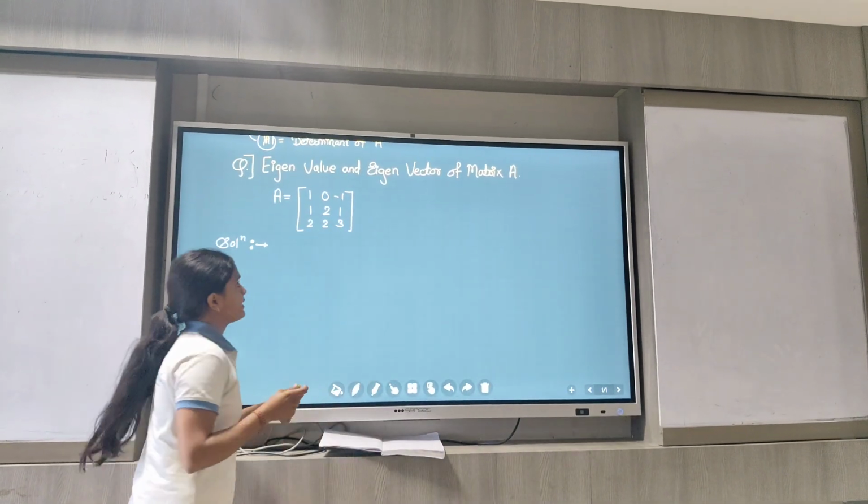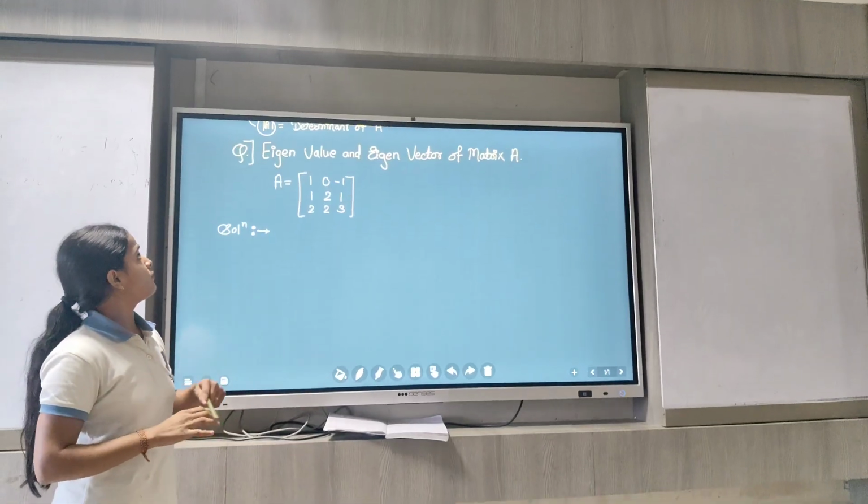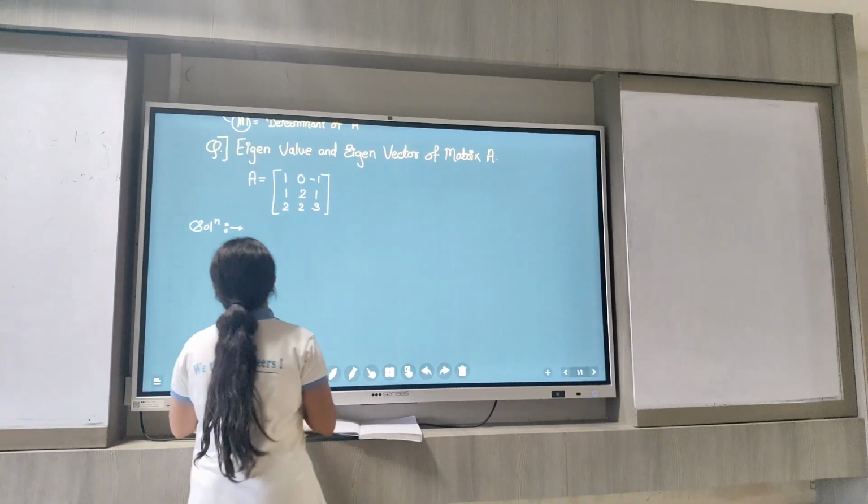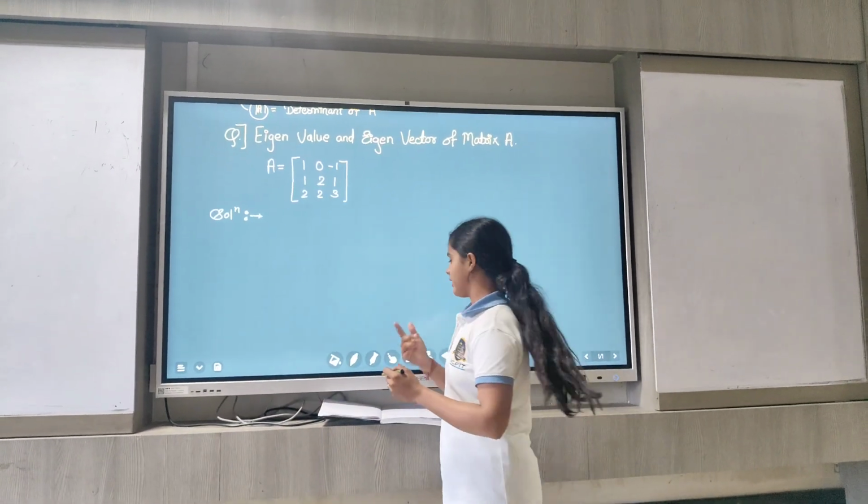Here, in the given matrix, we have to find the eigenvalues and eigenvectors. We will begin with the characteristic equation.